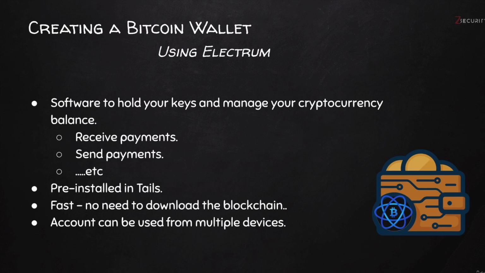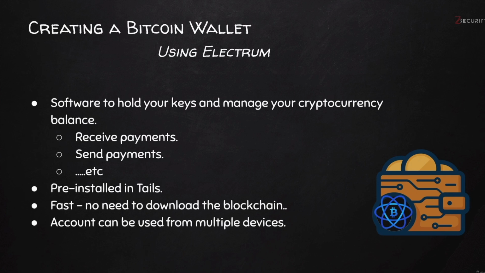Tails. This is very important because, as we know, Tails is a live operating system. It's amnesic, so if you install external programs, you'll have to install them every time you start Tails unless persistence is enabled. Another cool thing about Electrum is it's really fast. It doesn't need to download the whole blockchain, which is pretty big.